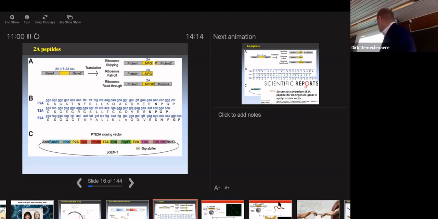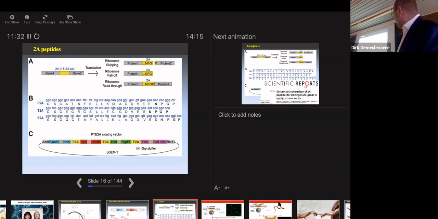And it's an 18 to 22 amino acid sequence. And you have here, for example, the alignment of different 2A peptides. The first letter stands for the virus from which it has been characterized. So P is for porcine, T is Thosea asigna. It's a virus infecting butterfly, and E I don't remember. But when you align them, you see that the end of the peptide is conserved from all these viruses.